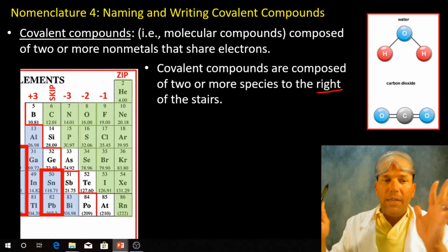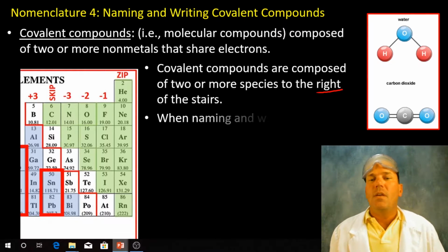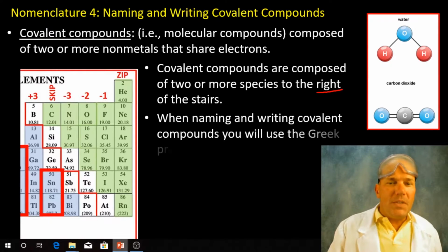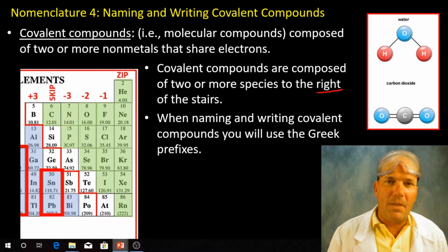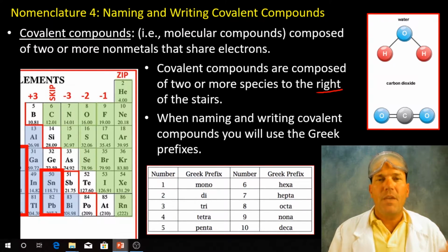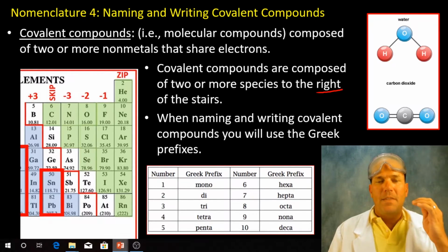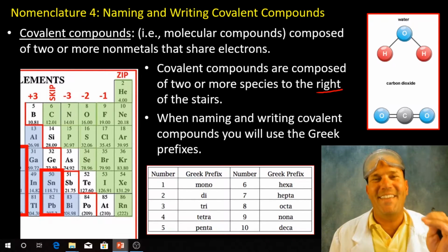We're looking only at our nonmetals to the right of the stairs. You're going to be using Greek prefixes when naming covalent compounds. Pause the video and write down the Greek prefixes for the numbers 1 through 10 at this time.